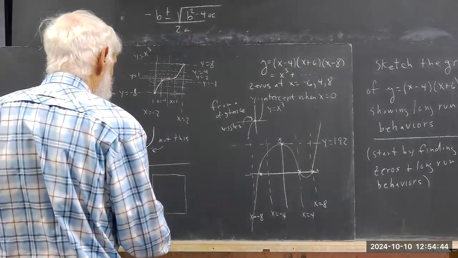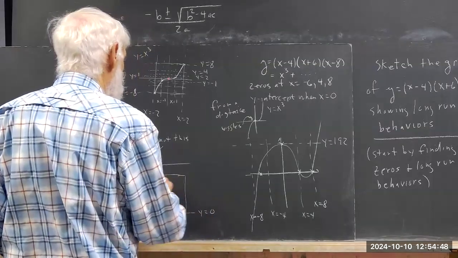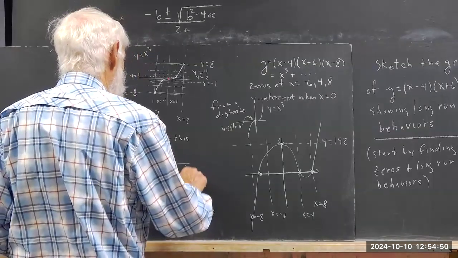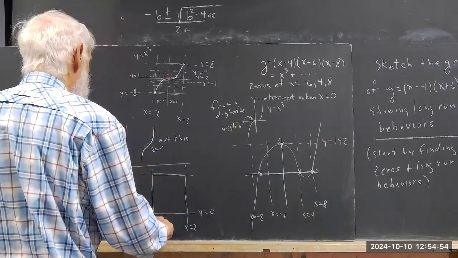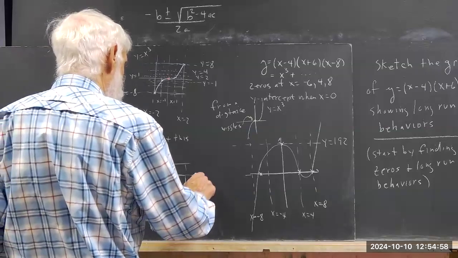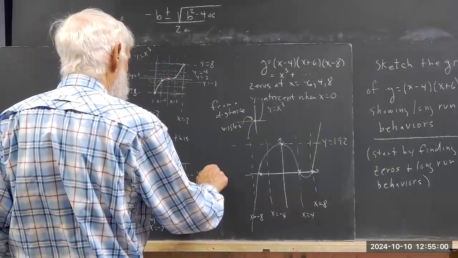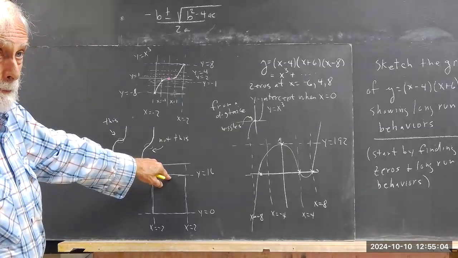So we don't have to use any negative numbers. So here we can have y equals 0. And up here, well, this is going to be at x equals 2. This is going to be at x equals negative 2. We're going to have y equals 16 up here. Okay?